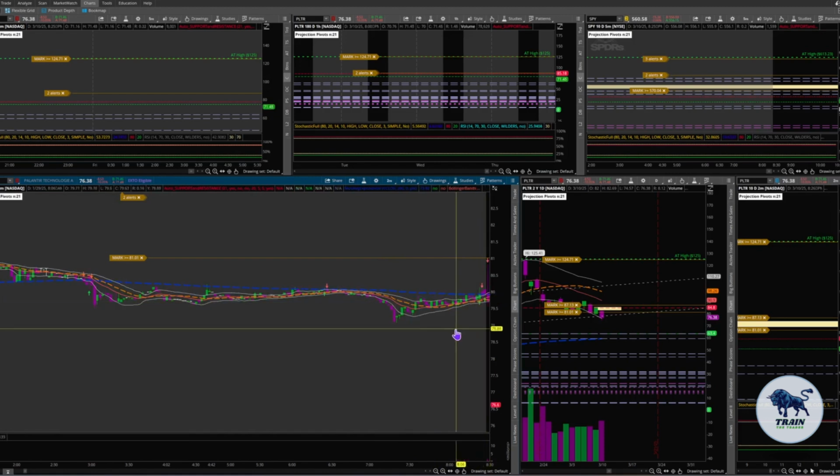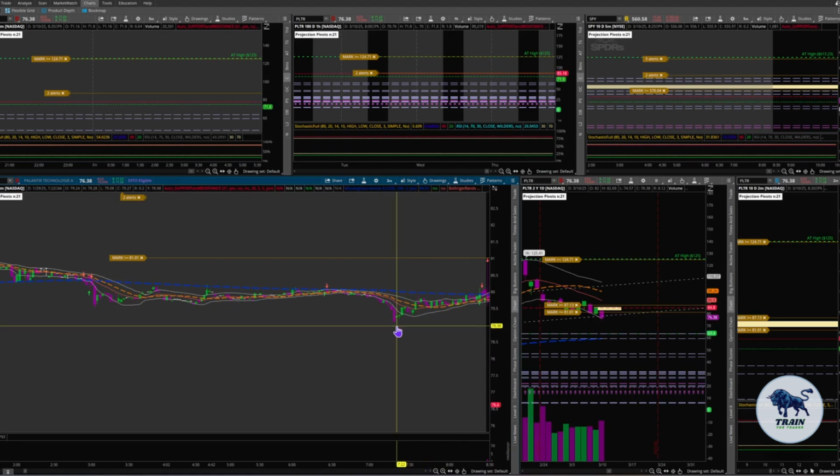Narrow state. Now, here's the other caveat. Are we in a bullish picture narrow state or a bearish picture narrow state? Think about that. So we already established we're in a narrow state. So is the picture bullish or bearish?